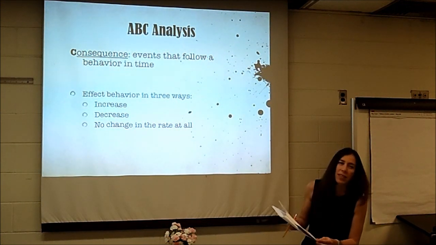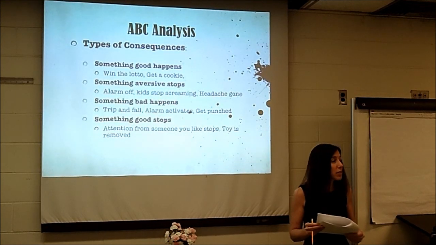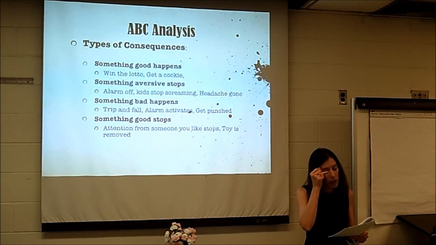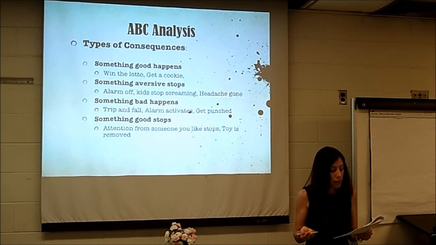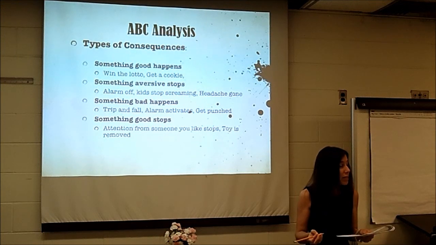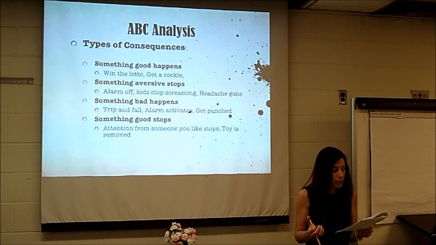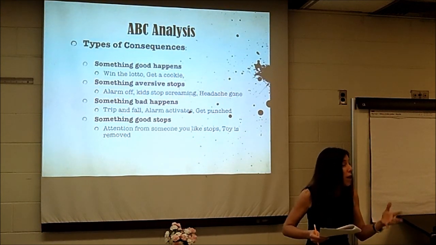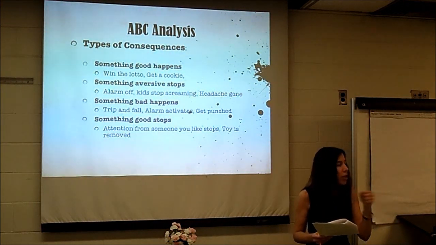So, okay, we can forward. Thank you. So there's different types of consequences. We talked about consequences can increase behavior, decrease, or have no change at all. Things that can typically happen after a behavior. Something good can happen, so they can get access to something. Something is added to their environment. Something aversive can stop, like a baby crying, or, if you take aspirin, then your headache is gone.